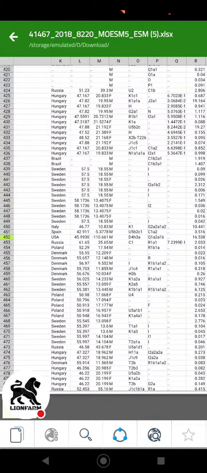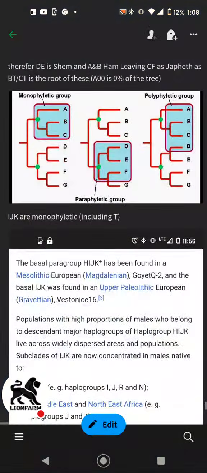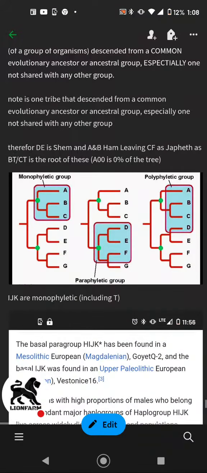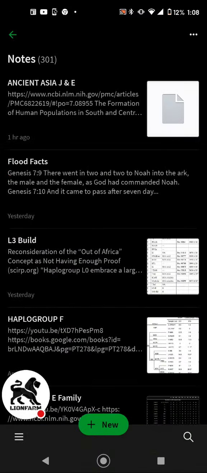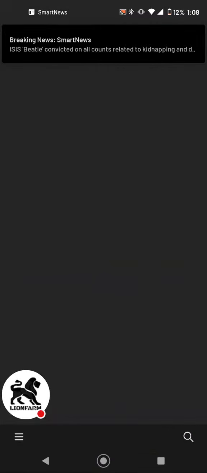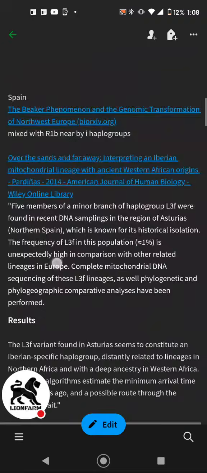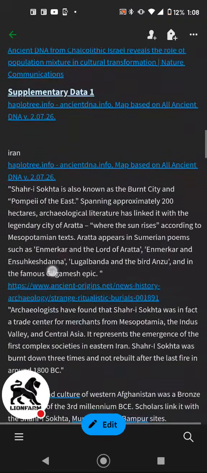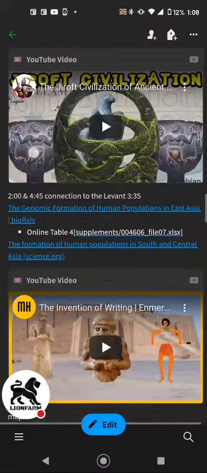We know this because we can go over different fossils that we found. I'll show one more real fast. L3 mixed with R groups before it mixed with E groups, and most likely they came from R.